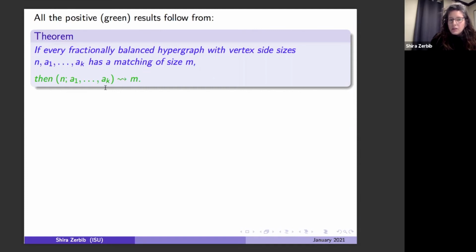Okay, so this does not work in the opposite direction. There might be cases where we can solve the cake division question, but still it will not be true that every fractionally balanced hypergraph has a matching of size m. But to prove cake division results, it is enough to prove results on the matching numbers of fractionally balanced hypergraphs. And this is why we're interested in these.